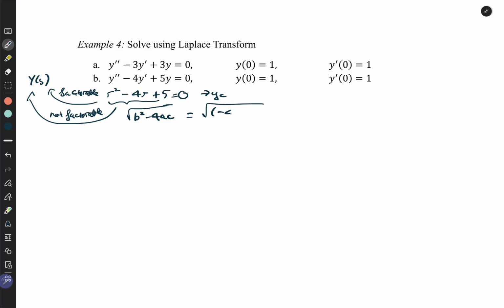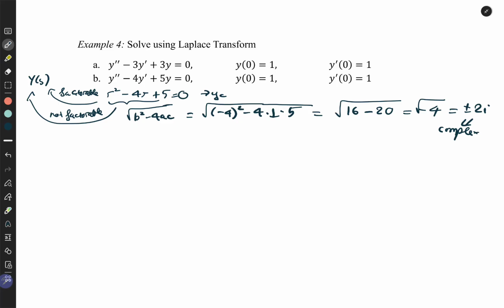b squared is negative 4 squared, minus 4 times 1 times 5, that is the square root of 16 minus 20, that is negative 4. There you go. That's technically plus and minus 2i, because this is complex. You're going to return a complex solution, which is e to the a t times a cosine of bt plus b sine of bt.